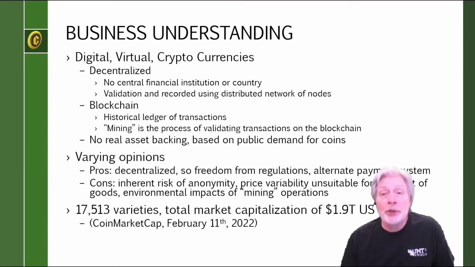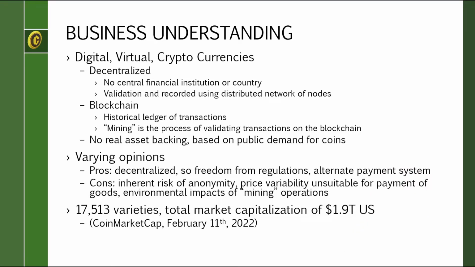The proponents of cryptocurrencies often talk about how because they are decentralized, they are free from regulations, that they can be used as payment in lieu of traditional currency, and that they are hedges against inflation. Naysayers argue that their variability makes them unsuitable for payment of goods or as a hedge against inflation, that their anonymity makes them suitable for illegal activities, and that the energy demands of mining make them environmentally unfriendly.